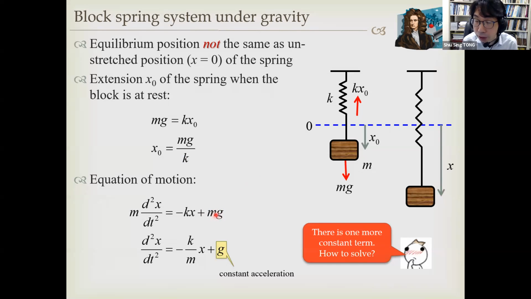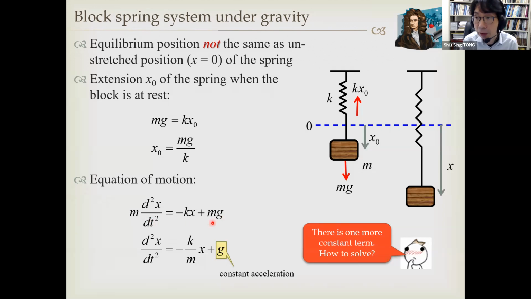So mg is positive. The force of the spring is in the upward direction, so it's minus kx, where x is a general displacement from the unstretched position. So the general force due to the spring is minus kx. The net force is equal to the mass times the acceleration. This is Newton's second law.